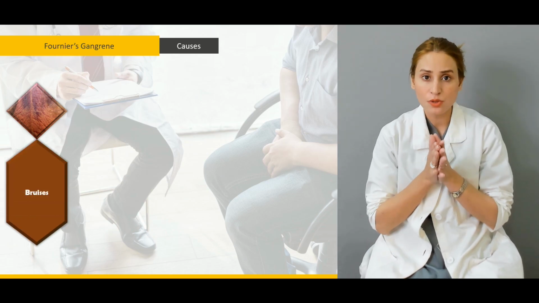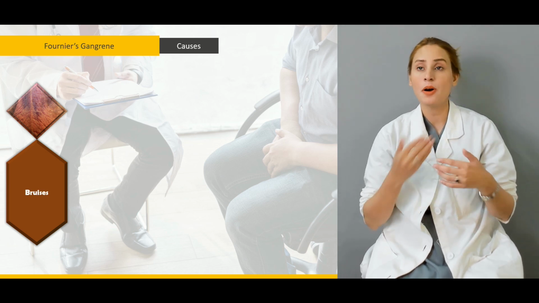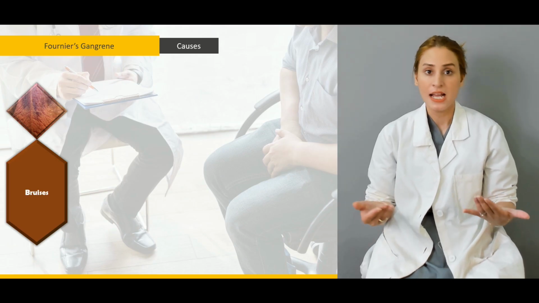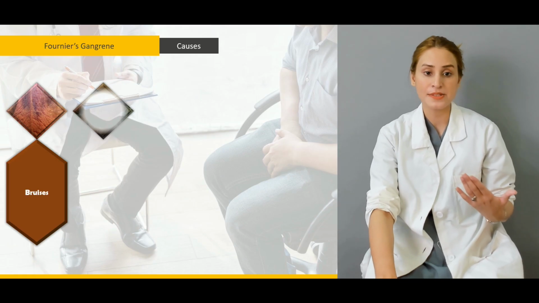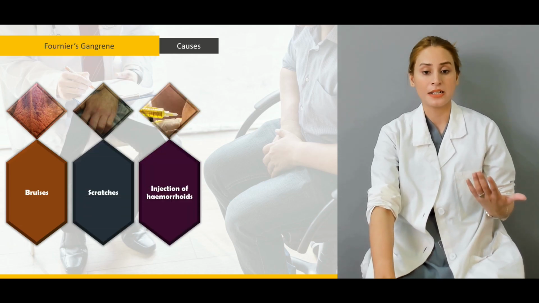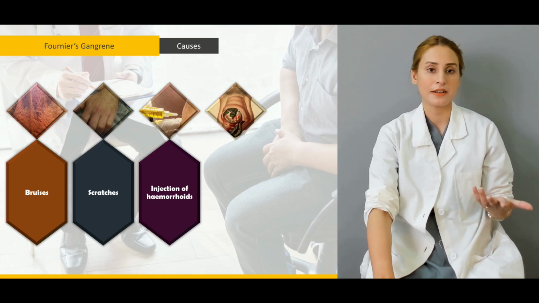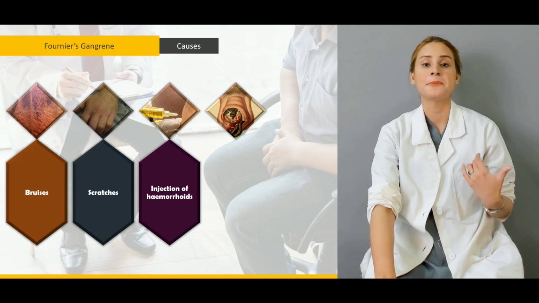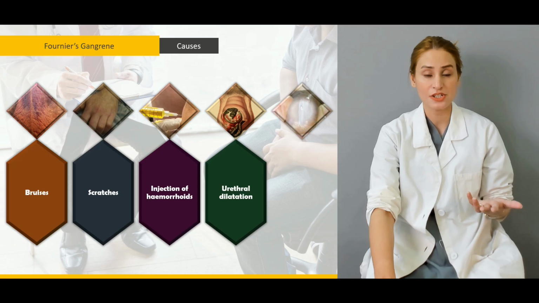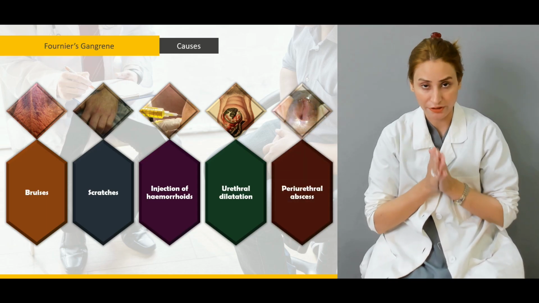If we talk about the causes of Fournier gangrene, most of the time it follows minor injuries, like a bruise or scratches. There can be a little infection spreading later, injection of hemorrhoids, urethral dilatation, and periurethral abscess.